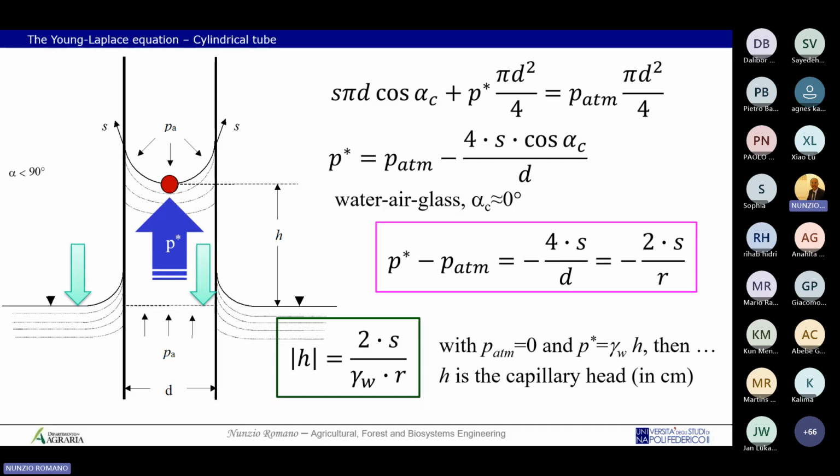The atmospheric pressure, because we have the green arrow that produces the atmospheric pressure over the meniscus, but the pressure just 1 millimeter, 1 micron below the meniscus is negative, and this generates a suction. In the same way you make a suction with your mouth when you want to drink a Coke from a glass using a straw. I hope this analogy makes sense for you.